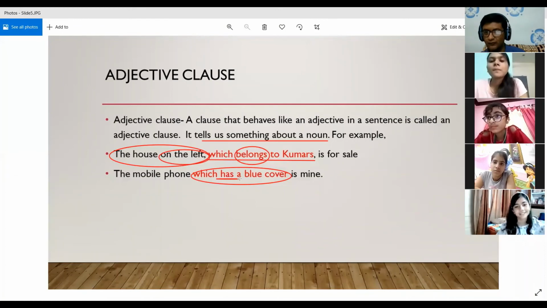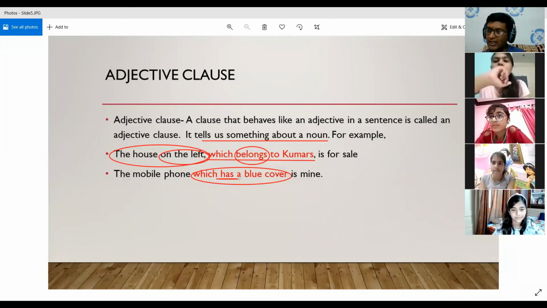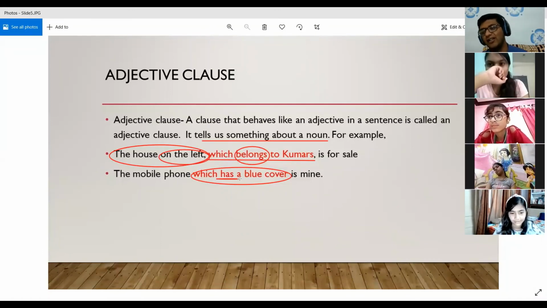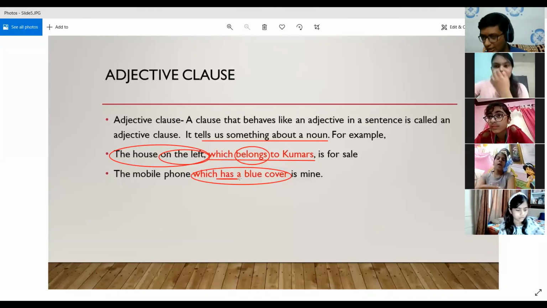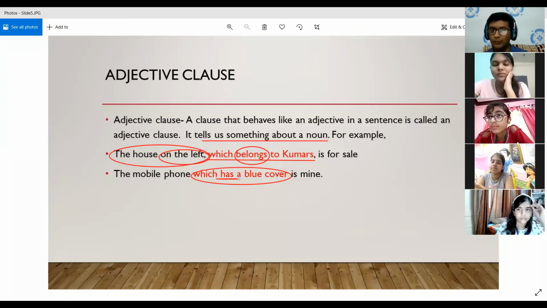Which, a blue cover, no verb is present. Only has is there, so has is acting as a verb. So we can say a verb is present in it, so it is a clause. Has is a helping verb. Is, are, am, has, have, I have already told you, all of these are helping verbs. So the mobile phone which has a blue cover is mine. Understood this sentence?